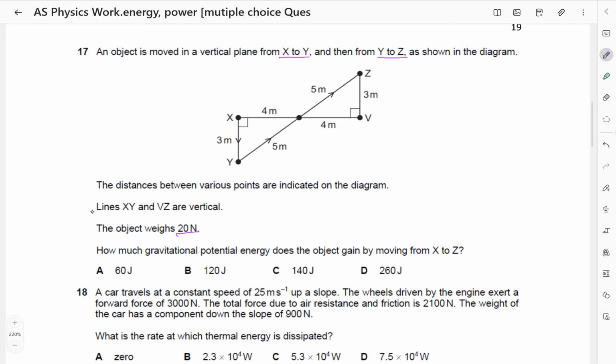So it is moving from X to Y, then it will go back from Y to the horizontal level, that is to V. That means the potential energy this side cancels out with this one.